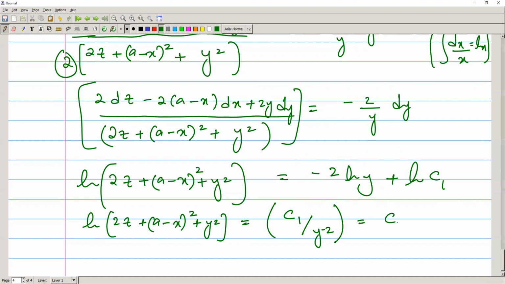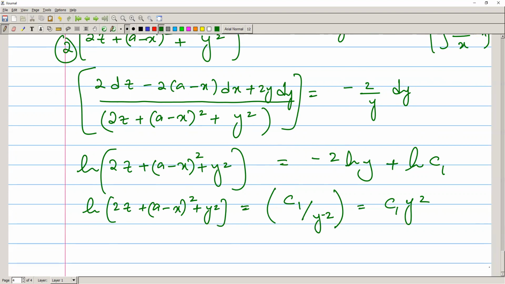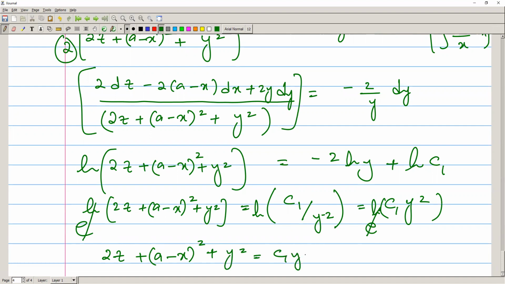So I can write it as c1 over y squared. So now the last step: here it's ln, I forgot to write the ln. When I take the exponential, this ln will be cancelled and I will be left with 2z plus a minus x whole squared plus y squared equals c1 y squared.